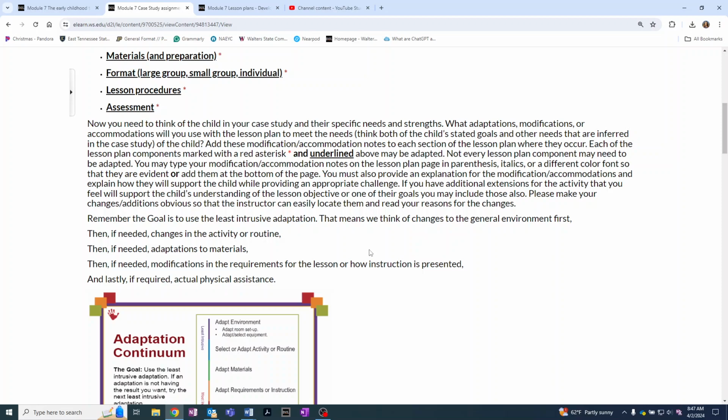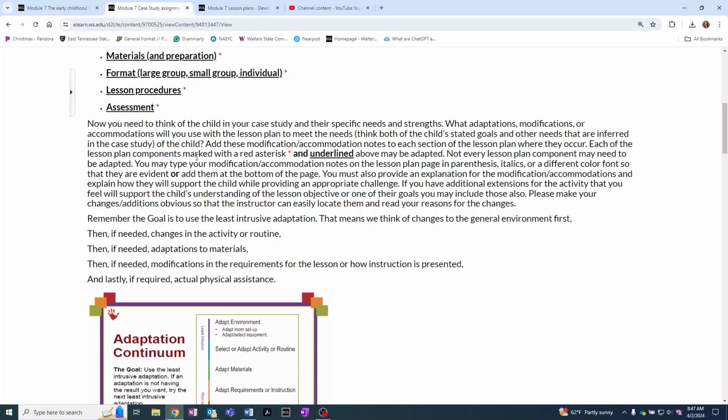Now, one way you're going to do this is that whenever you're working with this goal, you are going to do these specific things to let me know how you modify it. You're going to add these modifications into the notes to each section of the lesson plan where they occur. So, completely in the lesson plan, right in there is where you're going to do your adaptations.